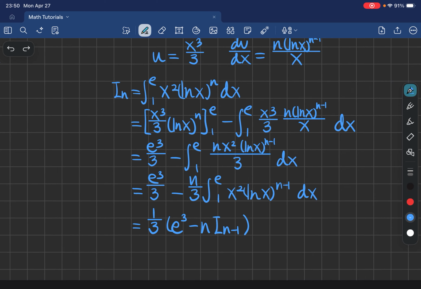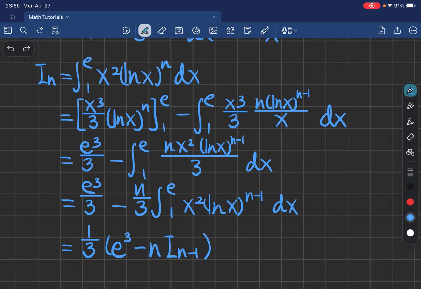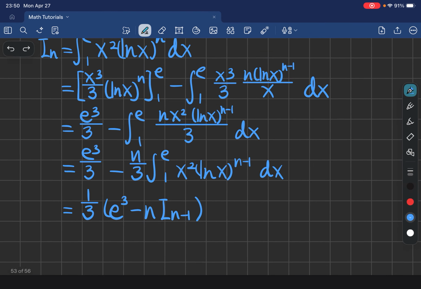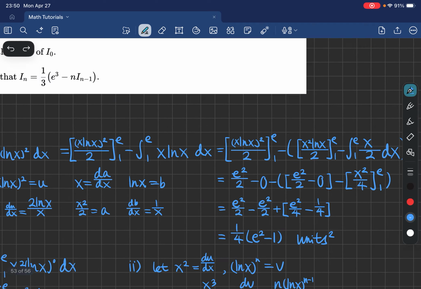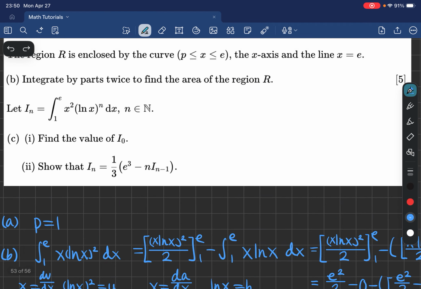So again, you can simplify this part a little bit. You can get rid of some of the x and stuff and just make it simple, and then you will notice that if you pull out n over 3, you will end up with this, and this looks just like the original thing with n minus 1.